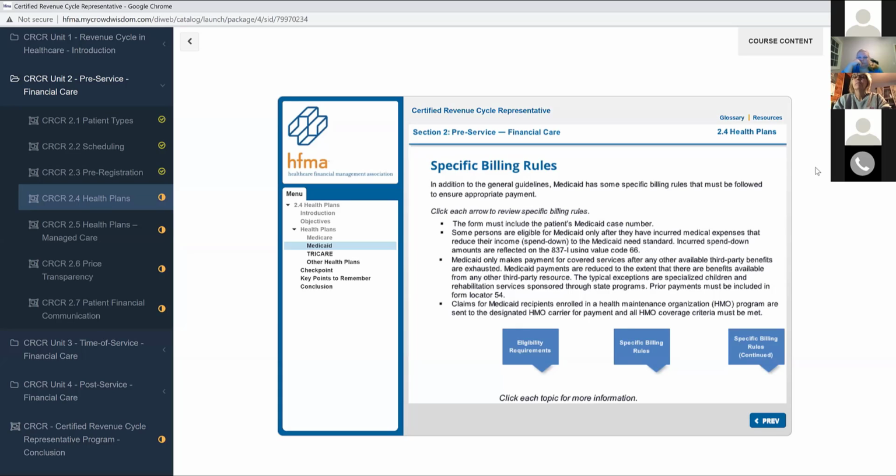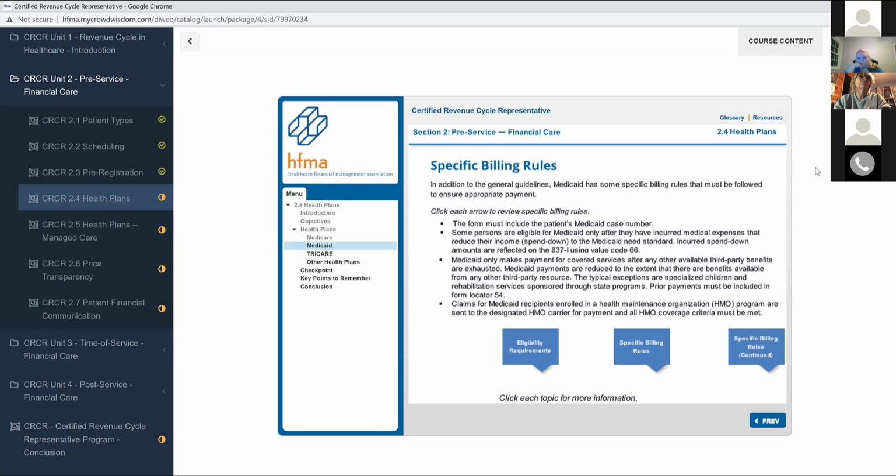Medicaid only makes a payment for covered services after any other available third-party benefits are exhausted. So Medicaid payments are reduced to the extent that there are benefits available from any third party. So just think that Medicaid is most of the time the payer of last resort. So if you have Blue Cross and Medicaid listed on the patient's account, Blue Cross would either have to pay or deny it because the patient's not eligible, whatever the case is.